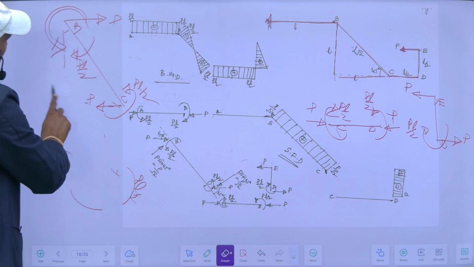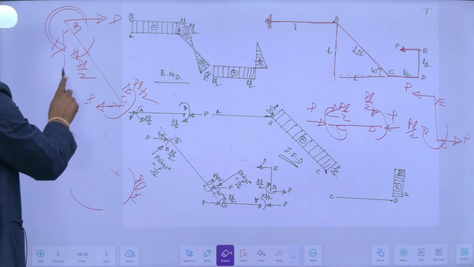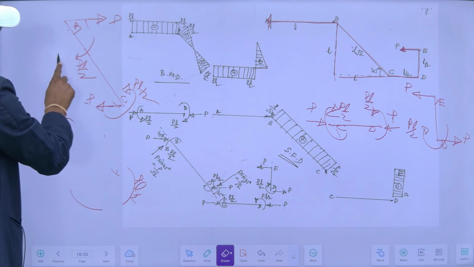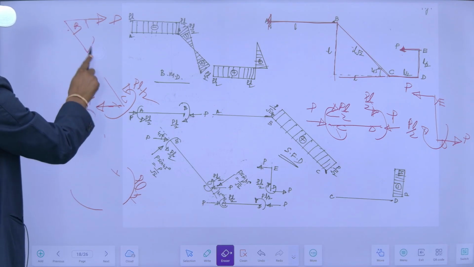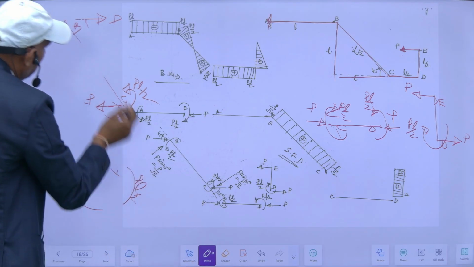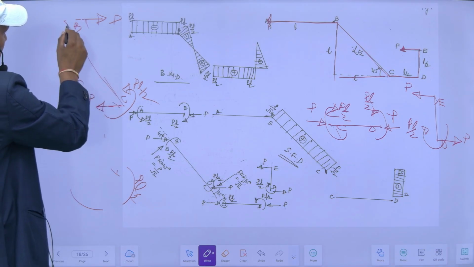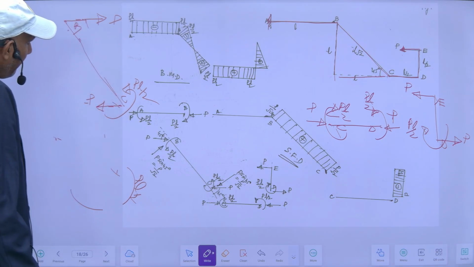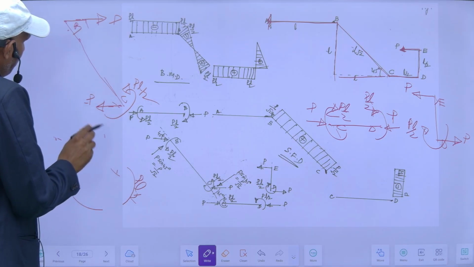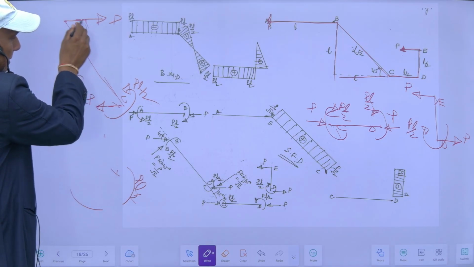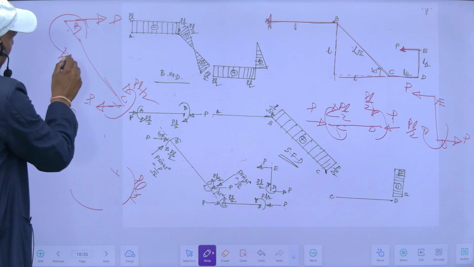So it will be like this. So this will be PL by 2.